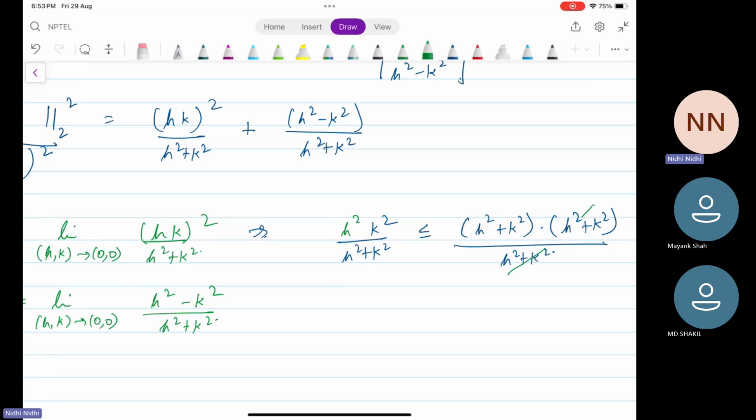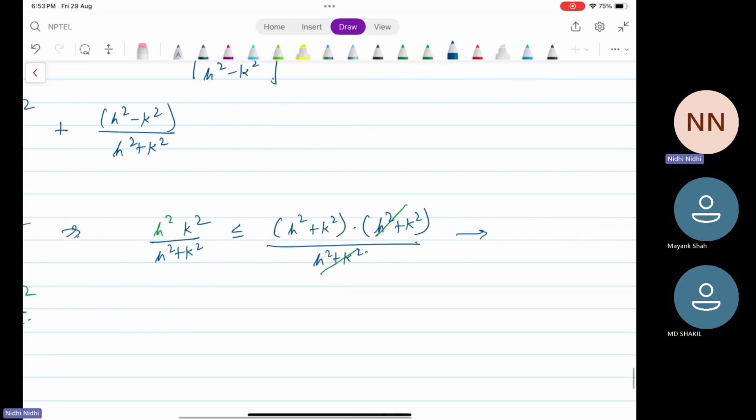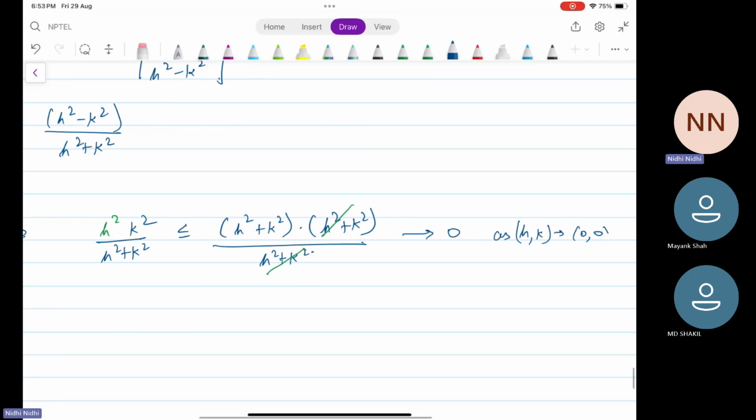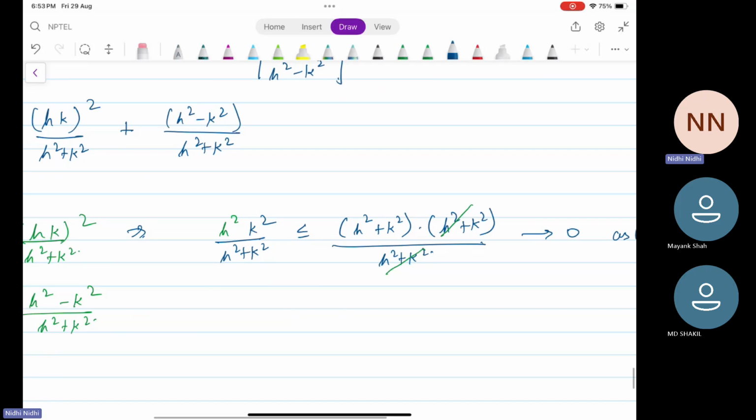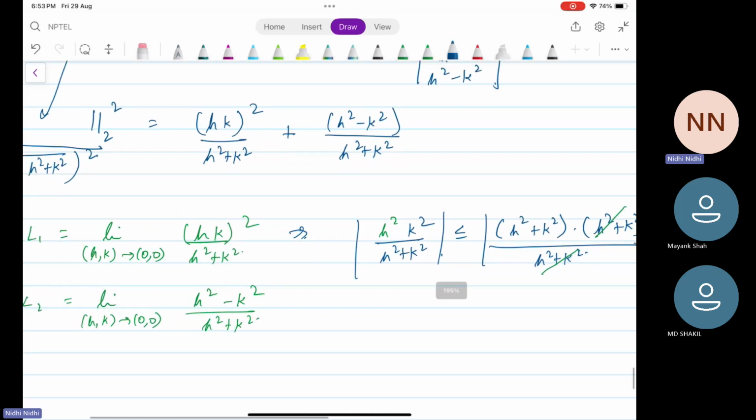So this gets cancelled out. Now everything is in the numerator, and we know that h and k are going to 0. So this will go to 0 as h comma k goes to 0 comma 0. I can take the modulus as well. So eventually this will converge to 0.